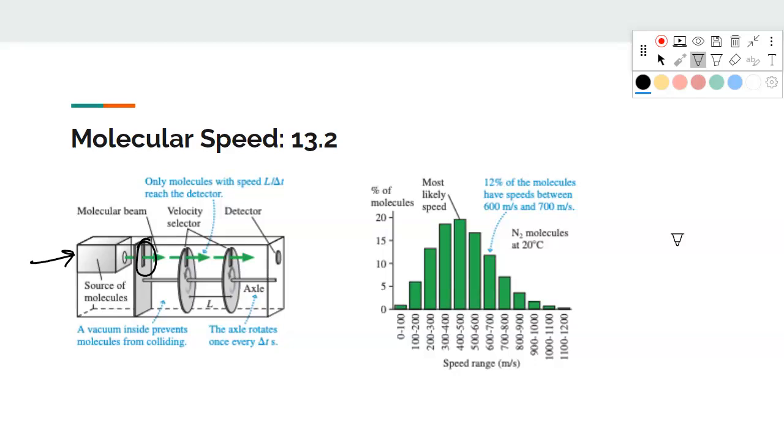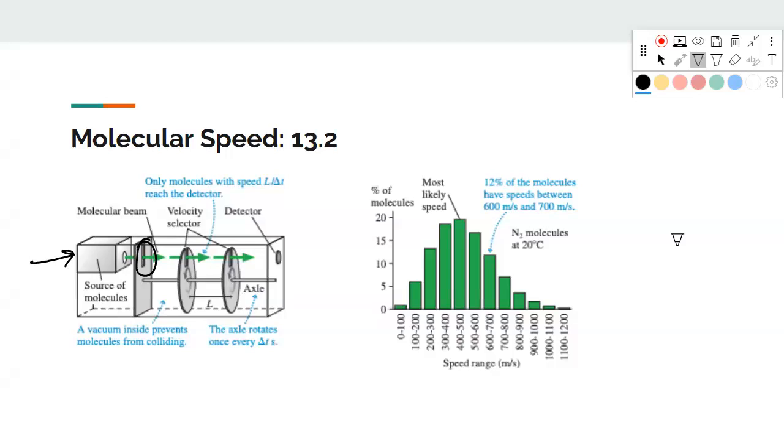And so only a specific speed will manage to get to this detector, where we have some either chemical reaction take place or some little electrical signal that we can count, basically. And so what you do is you sit a grad student in front of this thing, and you tell them to count all the molecules going each speed, and you make them plot it in a histogram, and you get the picture on the right.